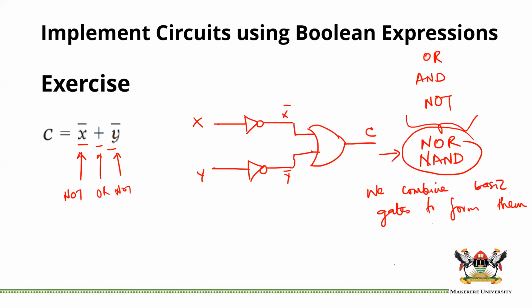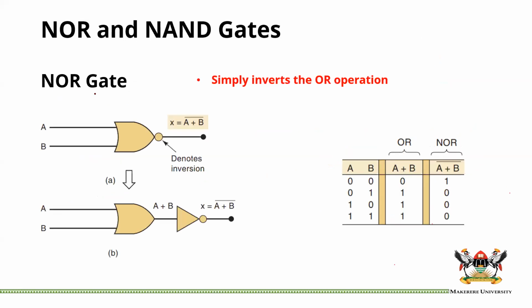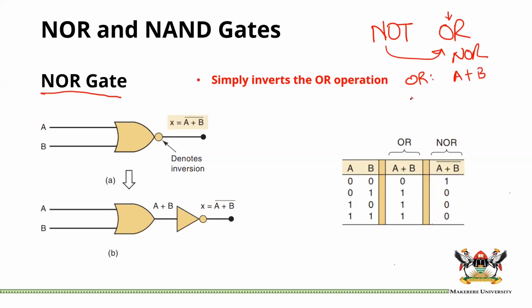Okay, so for now, the NOR gate. You have the OR operation, you take its inverse. That means that for OR, you have A or B. For the NOR gate, you have A or B inverted. And if you look at this diagram, we have added a bubble. For the NOR gate, you draw it like the OR gate, you just put a bubble there.